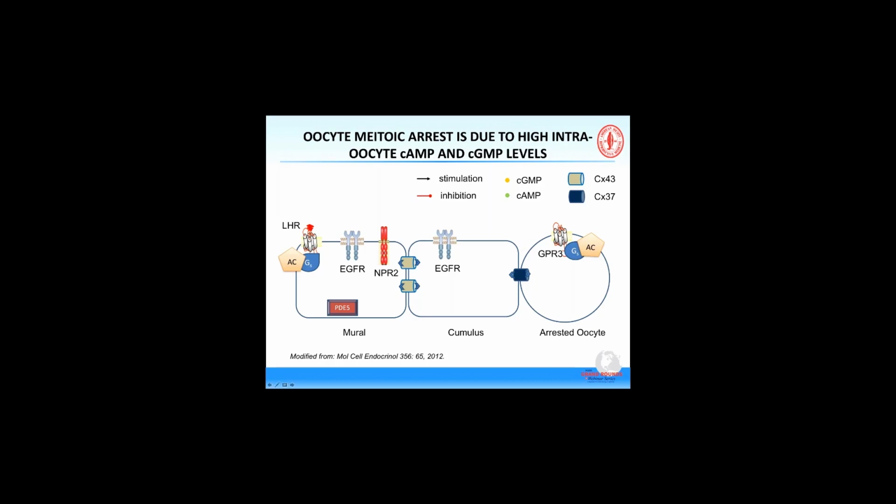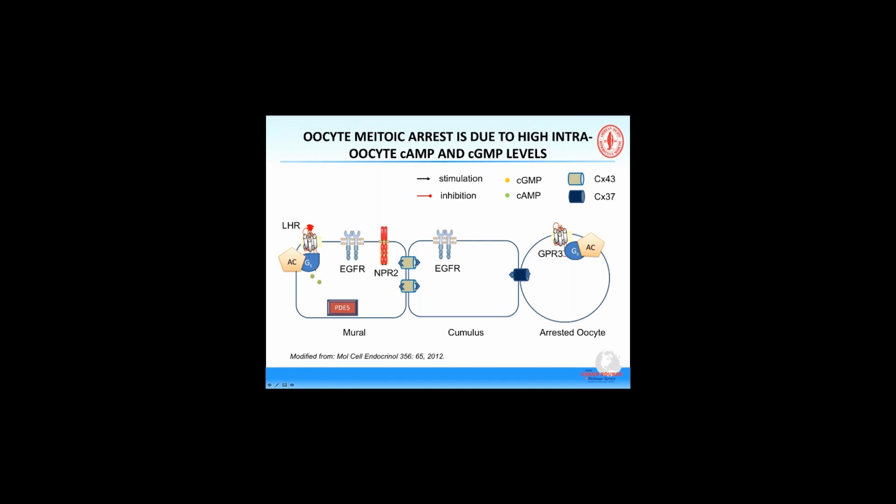NPR2 is a guanylate cyclase and is present mostly in the mural cells. And then we have GPR3, which is also a G protein coupled receptor that is present in the oocyte. And as you know, there's an interconnection between these three cell types using these gap junctions. Some of the junctions have connexin 43, others have connexin 37, as shown in here.